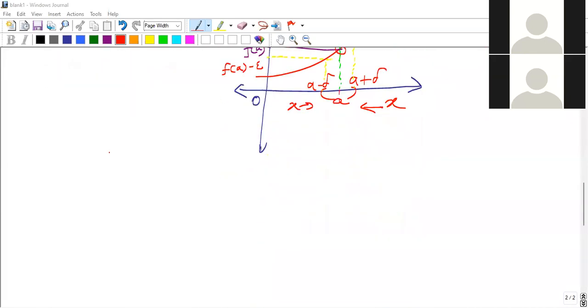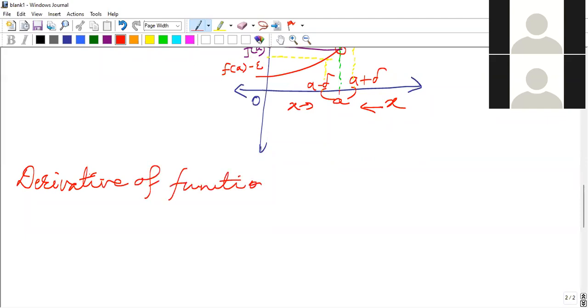So we have seen the limit, we know the continuity. Now we'll try to define the derivative. Okay, how do we get the slope? So let us try to have the derivative of a function. Is it possible? What will be the function here?